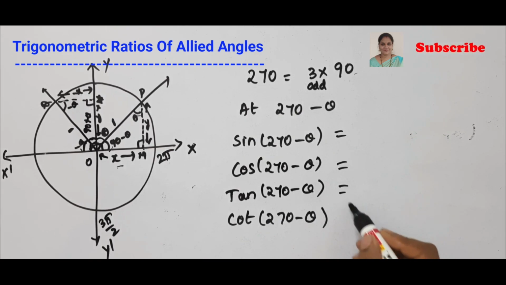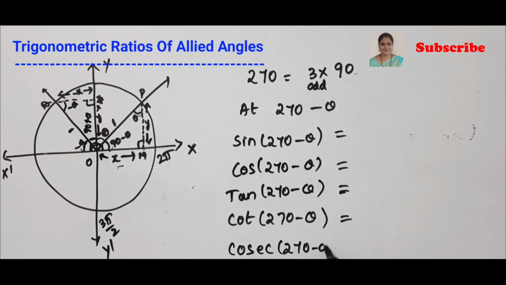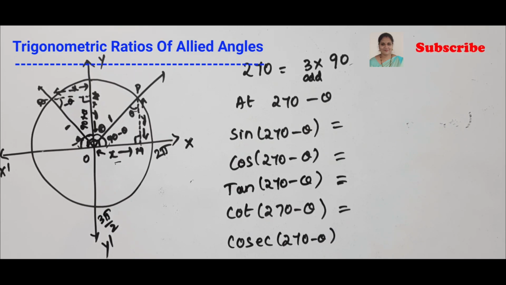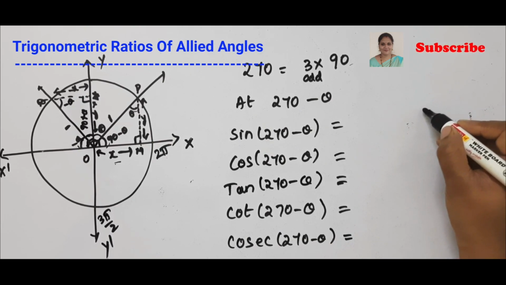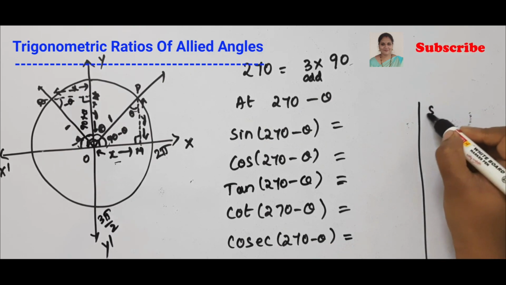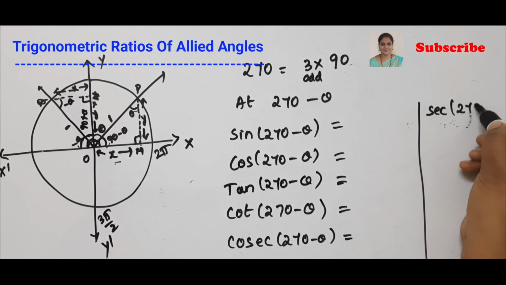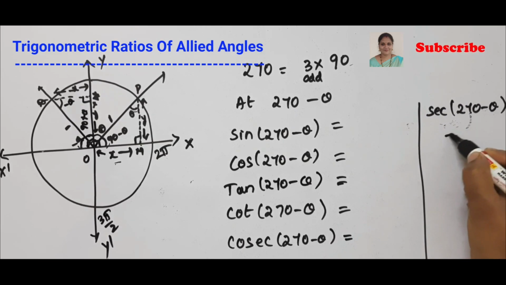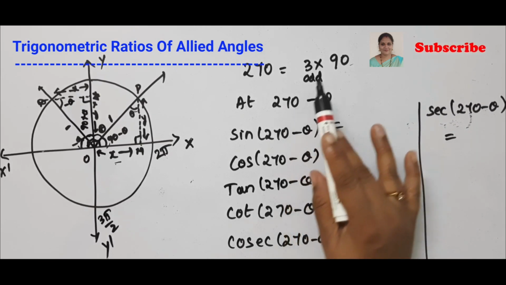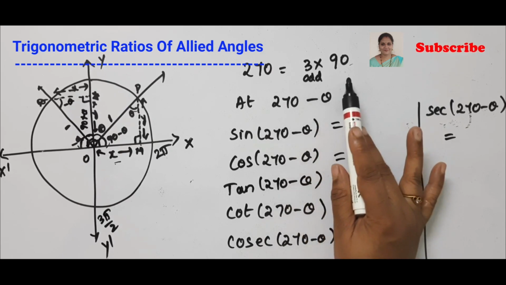Just keep an equal to sign. 270 can be written as an odd multiple into 90, is it not?